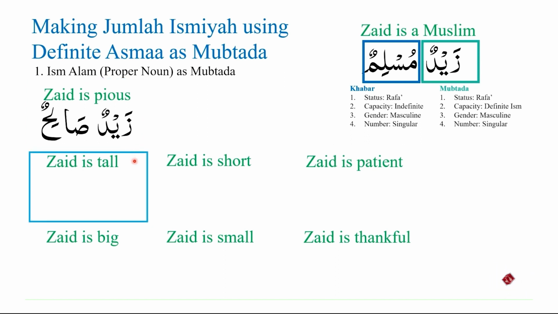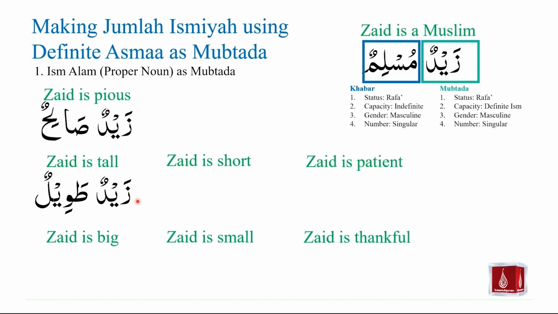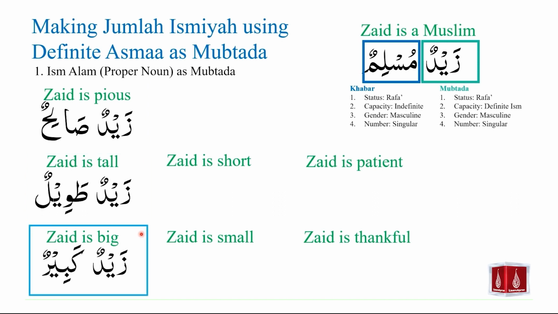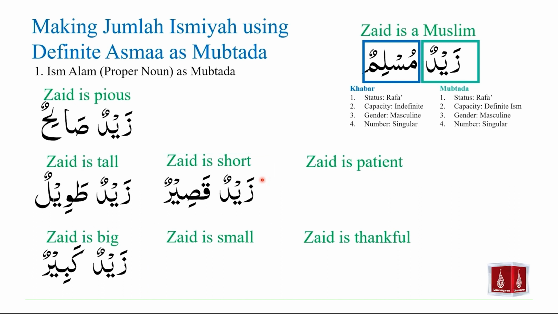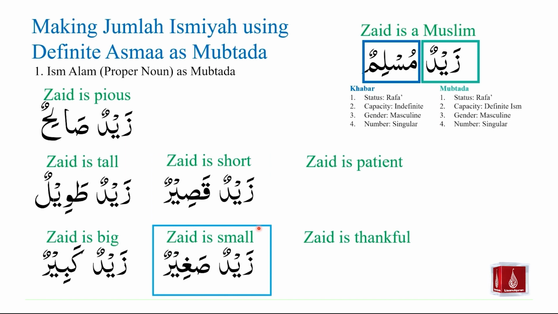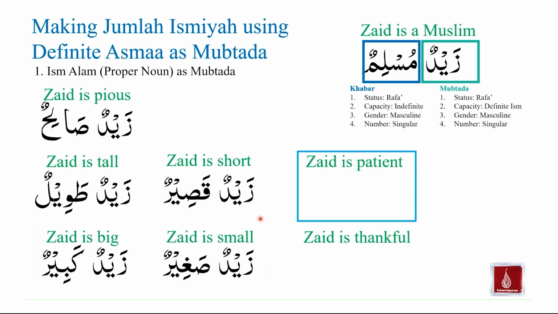Zaid is tall. Zaidun tawilun. Zaid is big. Zaidun kabirun. Zaid is short. Zaidun qasirun. Zaid is small. Zaidun saghirun.